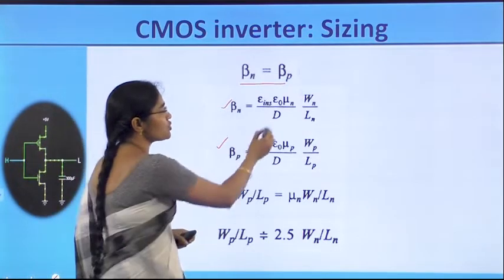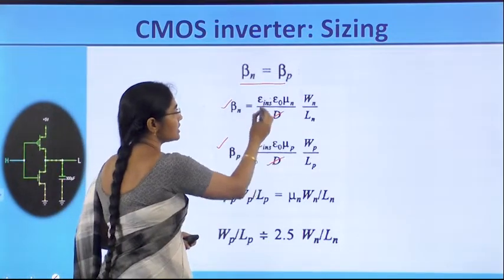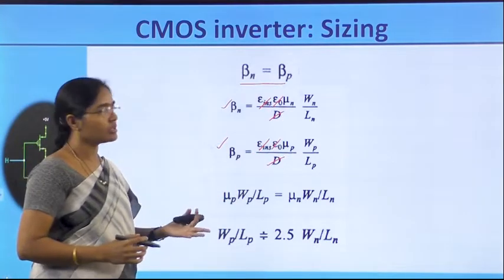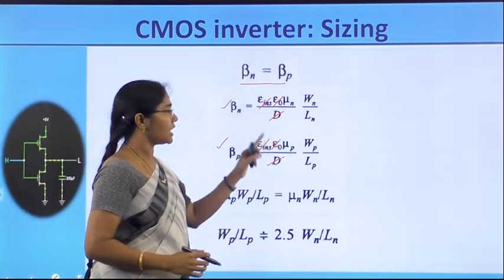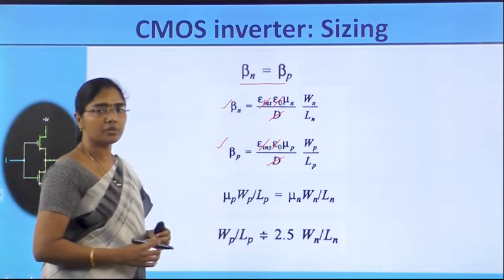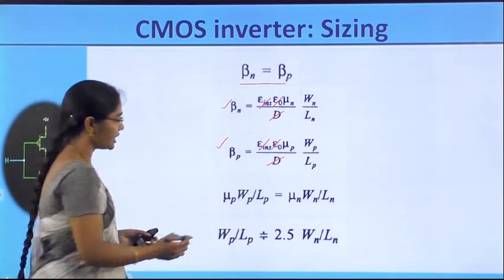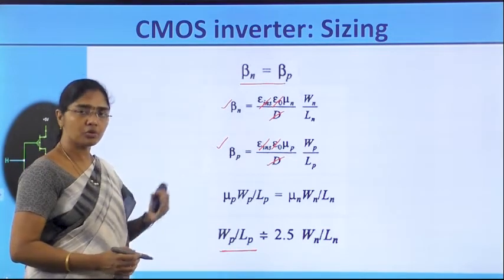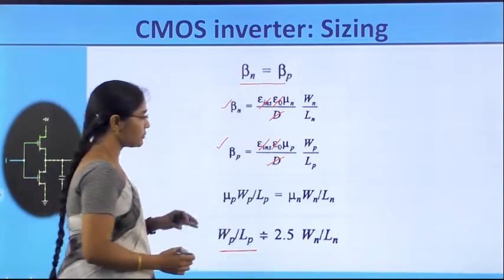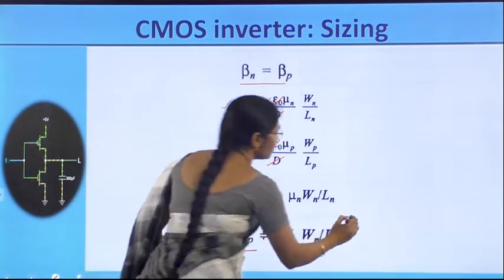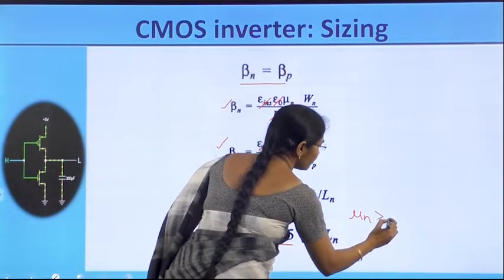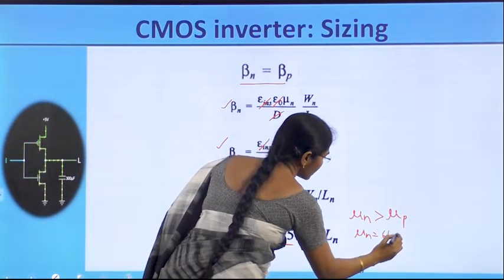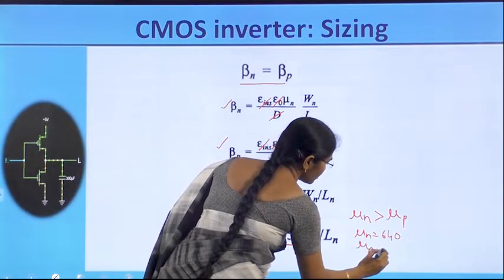If we equate these two, d will be cancelled, and epsilon insulator epsilon naught will be cancelled because they are equal values. So mu n Wn by Ln is equal to mu p Wp by Lp. Then Wp by Lp is equal to mu n by mu p into Wn by Ln, where mu n is greater than mu p, that is mu n is equal to 640 and mu p is equal to 250.